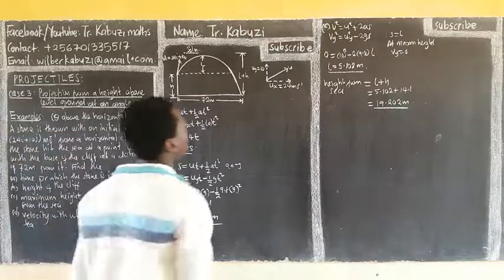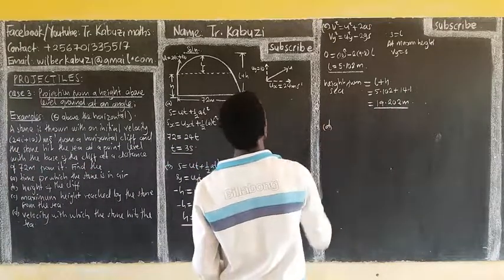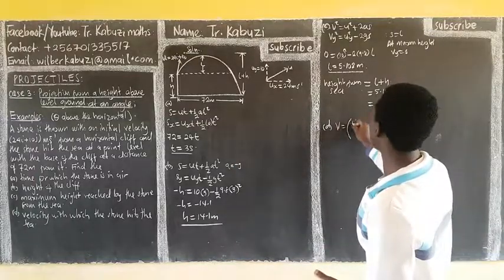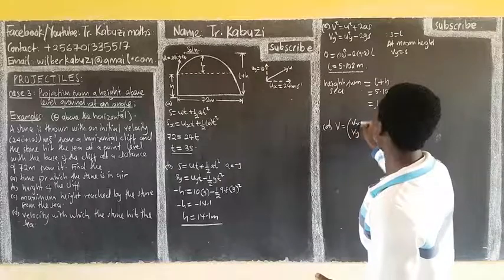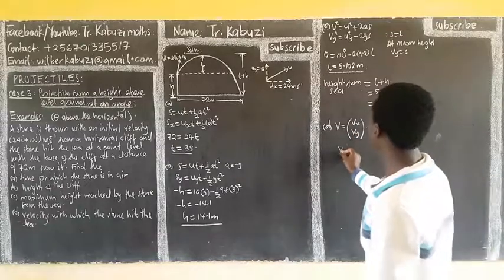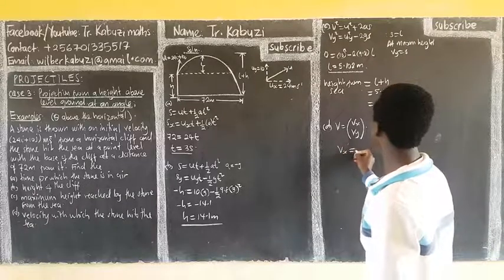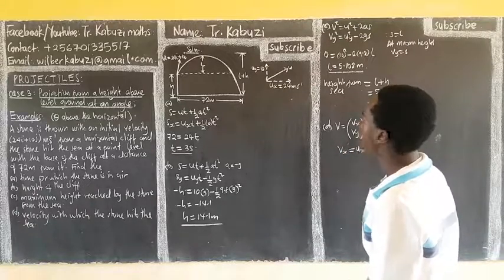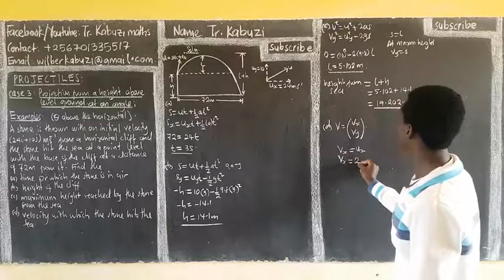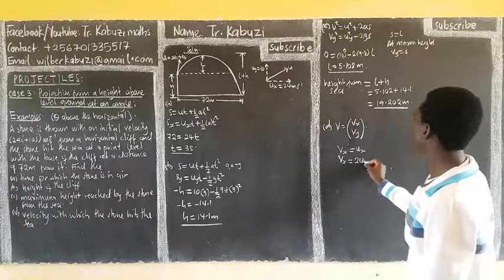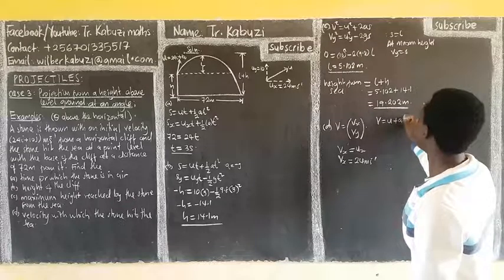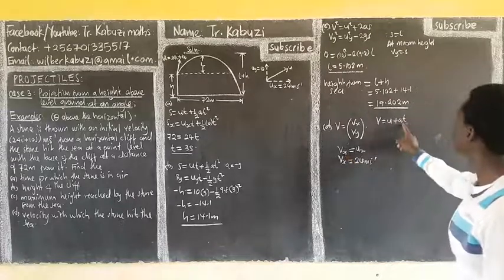Now to get the velocity, part B, we need the Vx and the Vy. This velocity is given by Vx, then Vy. So how can we get this? Remember, our Vx is equal to Ux. So our Vx is going to be 24 meters per second, using V equals U plus at, because in the horizontal direction acceleration is going to be 0.